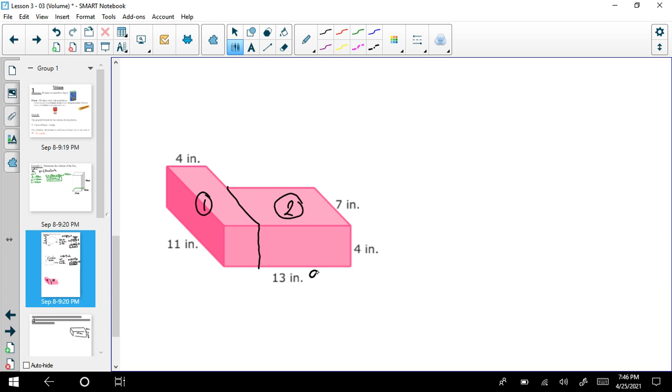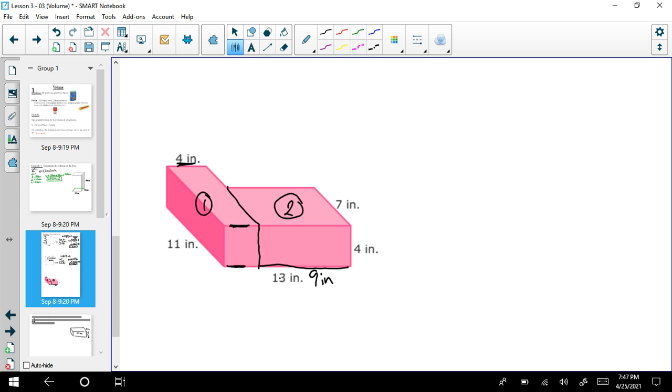So this remaining on this side is 9 inches, because I have to get rid of 4 because I cut it right here. And if 4 inches is on this side, 4 inches has to be on this side, and on this side. Therefore, I would do 13 minus 4 to get my 9 inches from here to here.